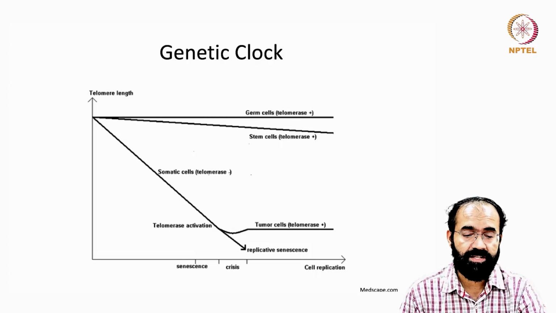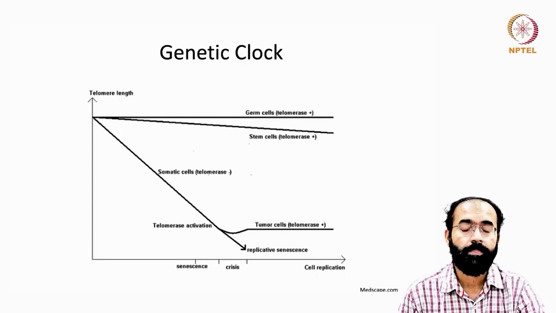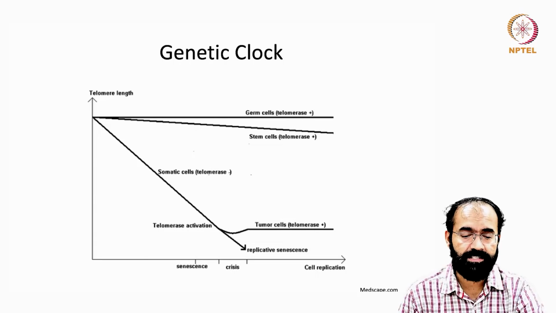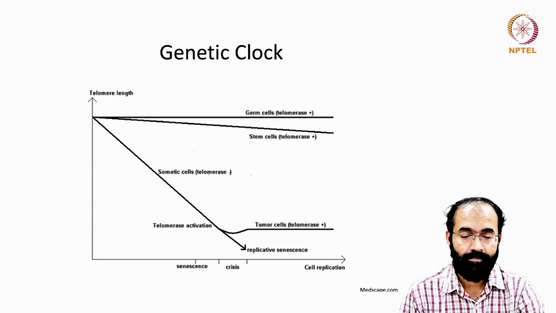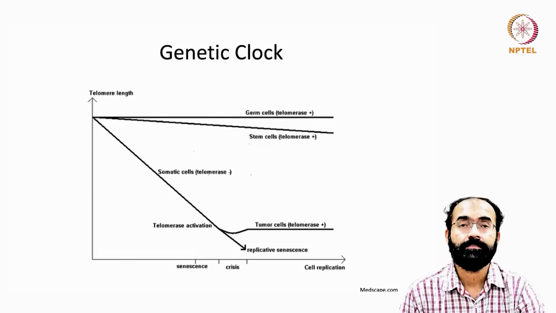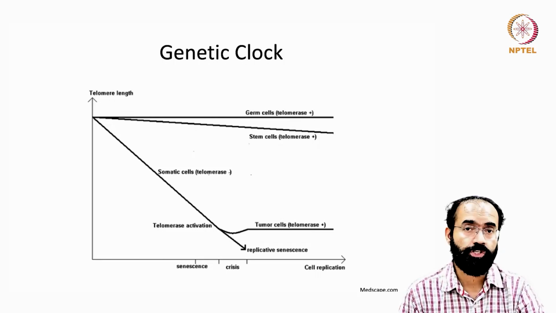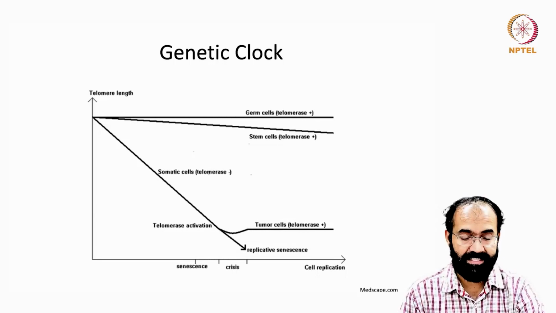In this situation, the telomerase can get activated, or the telomere length will shorten such that it will reach cellular senescence. This activation can often lead to tumor cells, and they will have telomerase active throughout. Whereas once the cells cross that stage of critical short telomere length, it will end in a crisis period.